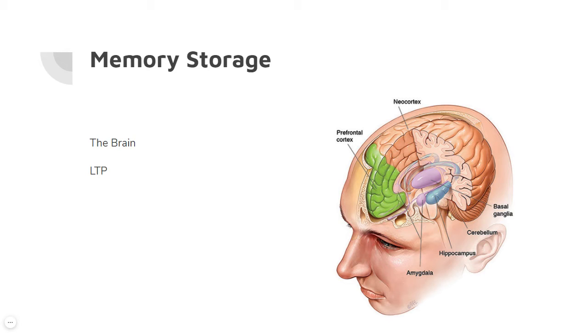All right, then we get this lovely thing called LTP. LTP is long-term potentiation. Basically what this does is it increases a cell's firing potential. After your neurons have been stimulated, and it has to have rapid stimulation, it increases a cell's firing potential. This is the neural basis for memory and learning.